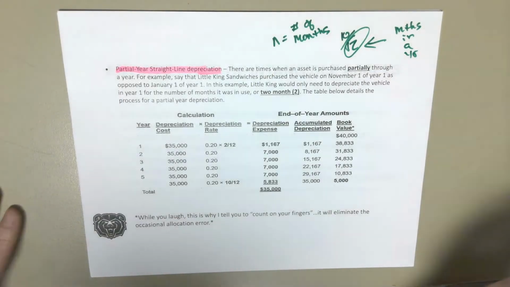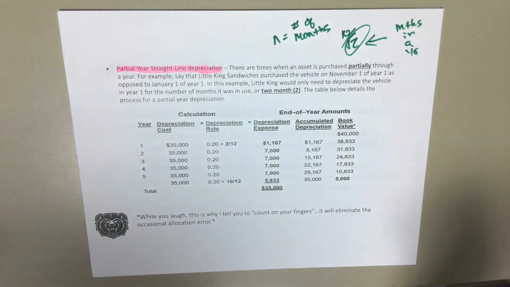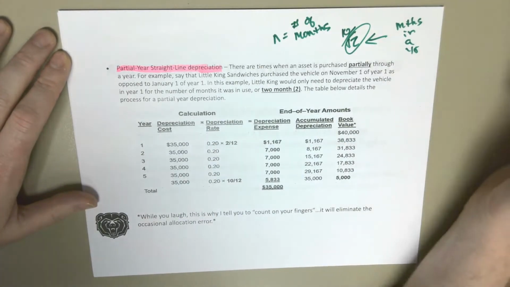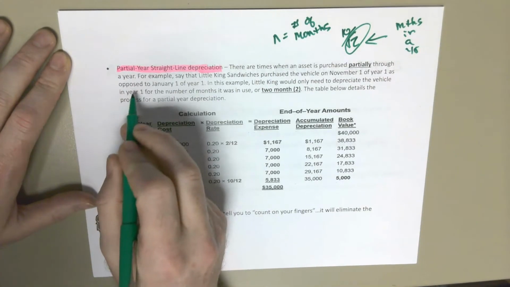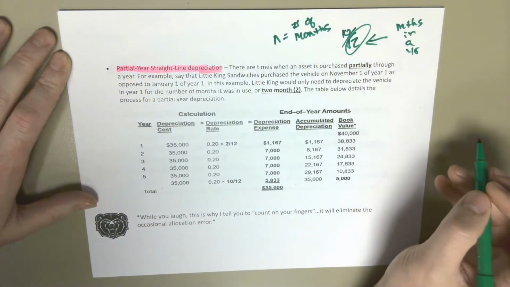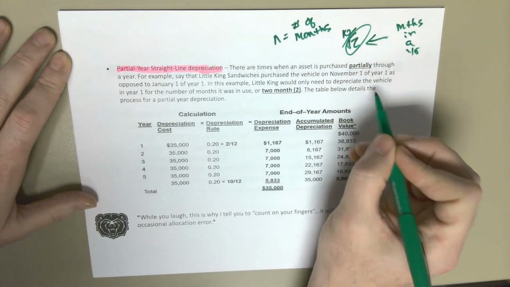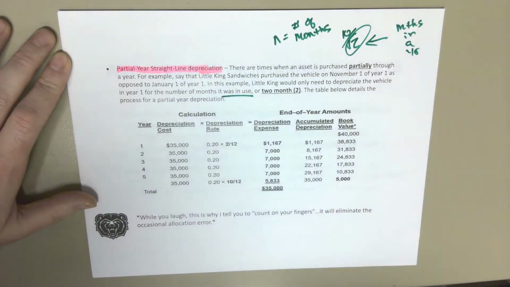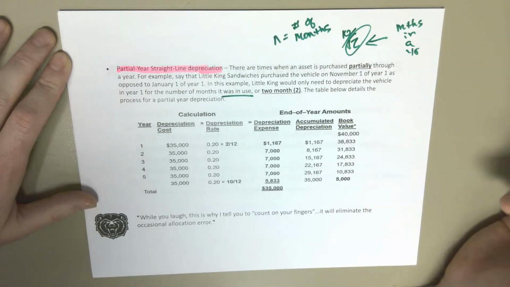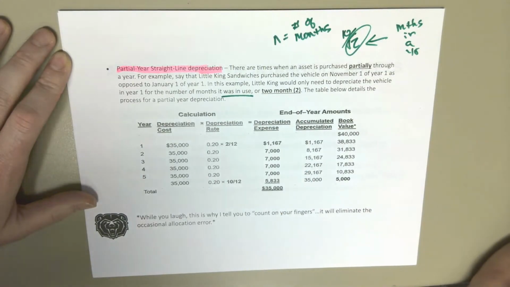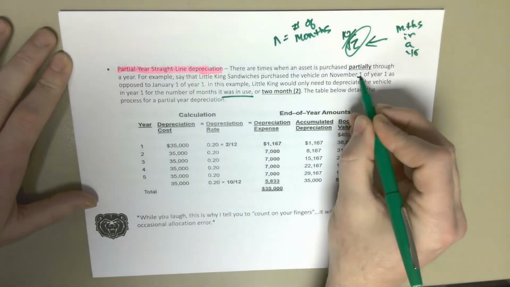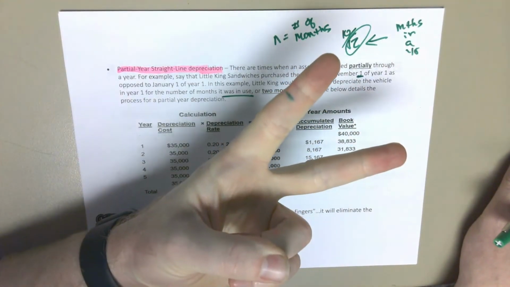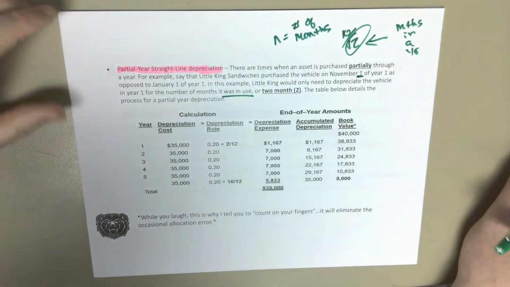Okay, so this is just a table. Get familiar with this table, okay? So let's say that Little King Sandwiches purchased the vehicle on November 1st of year 1 as opposed to January 1st of year 1, okay? In this example, Little King would only need to depreciate the vehicle in year 1 for the number of months it was in use. That's what we're doing with this partial year depreciation, or 2 months, because they bought it at the beginning of November, November 1st, so they owned it all of November and all of December. 2 months, okay?